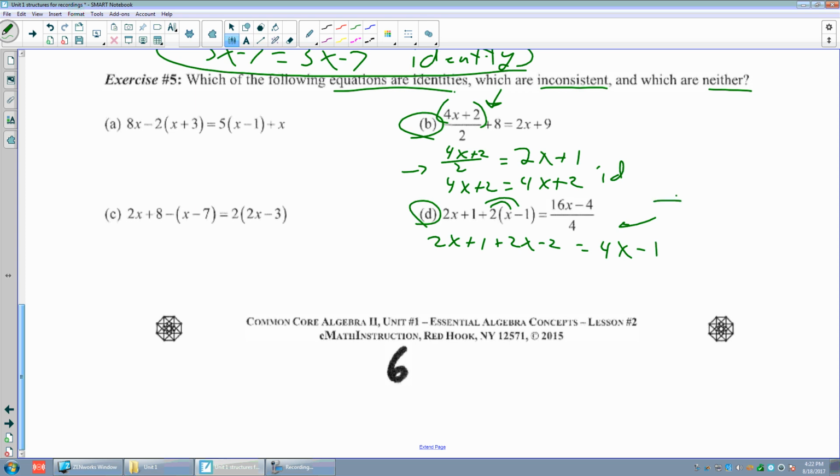Remember that little fraction rule that we learned last time? It's 16x over 4 minus 4 over 4, which gives us that right there. So I combine like terms. I get 4x minus 1, combining the two x's and the plus 1 and the minus 2, equals 4x minus 1. Another identity. There we go.